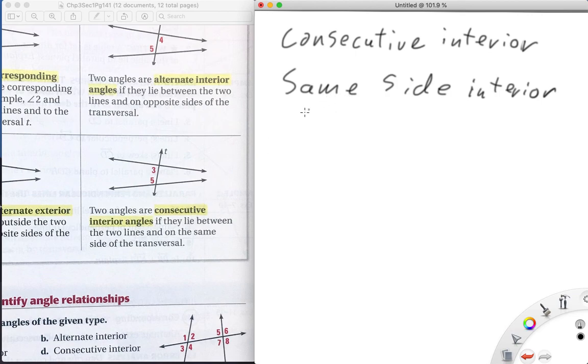Here we'll call them consecutive interior. They lie within the transversal and they're on the same side of the transversal. So 3 and 5 would be consecutive interior.